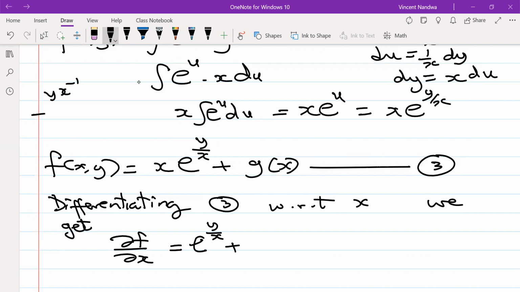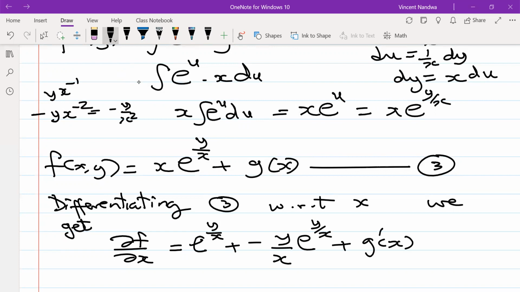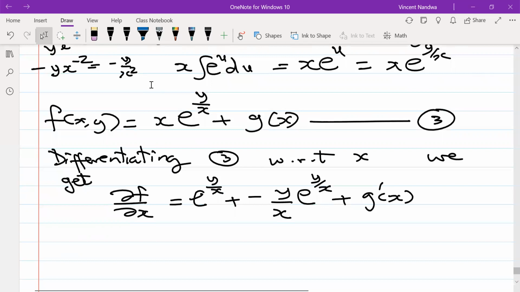So we drop the power, and then subtract 1, which is the same as minus y over x squared. When I multiply by x, I now get minus y over x. So I get minus y over x e power y over x plus g prime of x. So this is what we call equation 4.